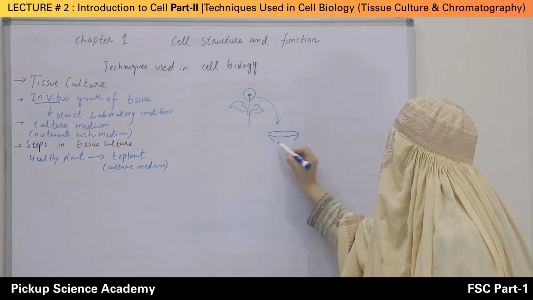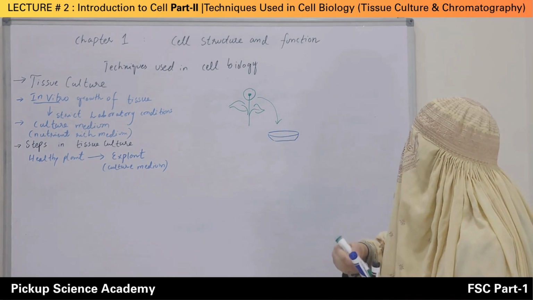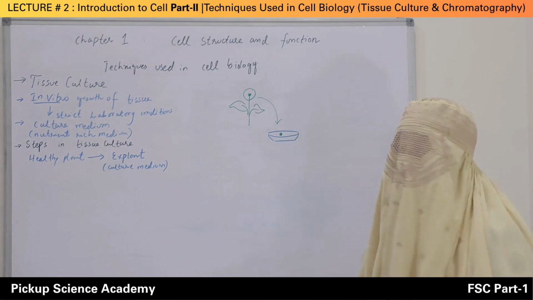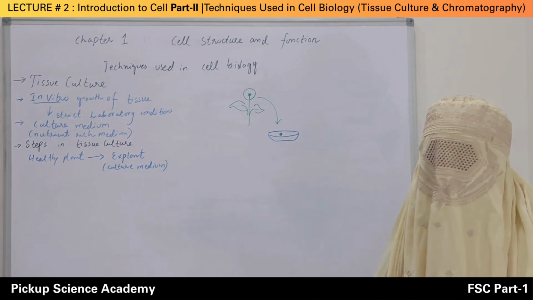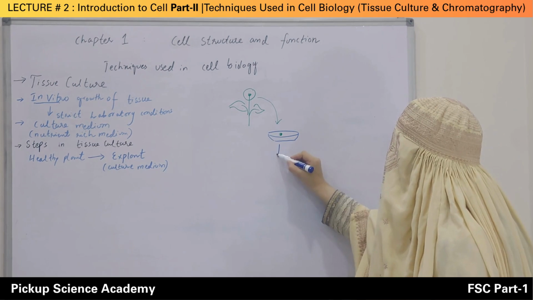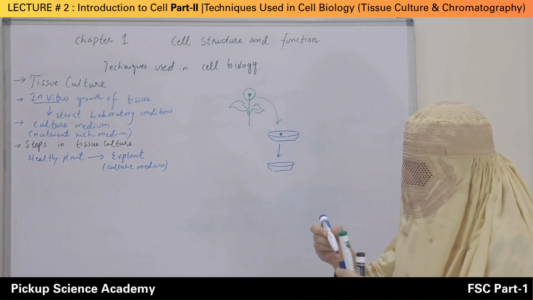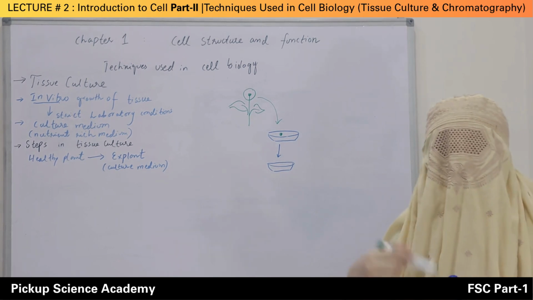So this is our culture medium in a petri dish. And we place that bud in that culture medium. So after a few days, what will happen? We will see that this tissue will start division.